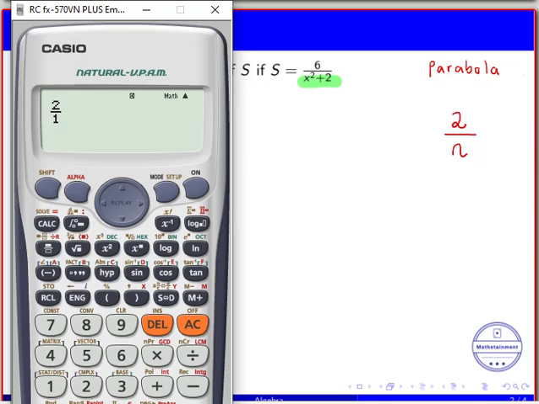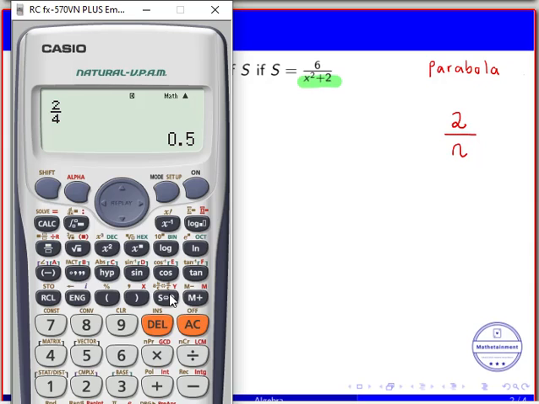Now, suppose I want to find 2 over 2, that is 1, which is definitely less than 2. And 2 over 3 is the same as 0.6, which is definitely less than the two previous values that we found. And 2 over 4 is the same as 0.5, which is less than any other values that we found before.